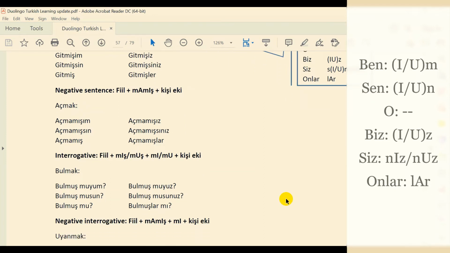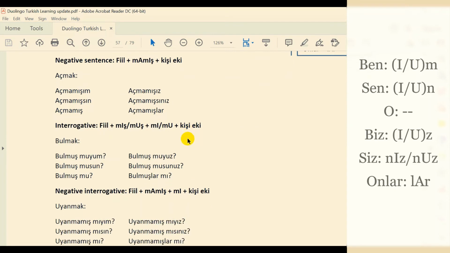Negative interrogative. Consider the negative sentence and add the question suffix. As simple as that. Here, açmamışım. So, before adding the personal suffix, add the question suffix. Like açmamış mıyım?